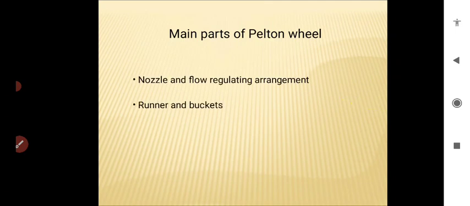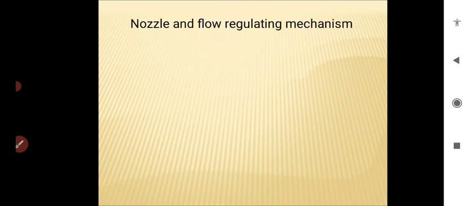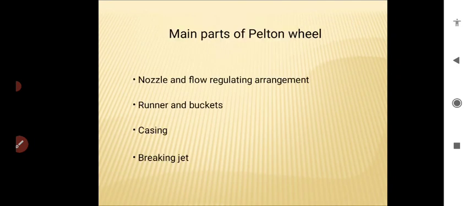The main parts of the Pelton wheel are: nozzle and flow regulating arrangements, runner and buckets, casing, and braking jet. These are the main parts of the Pelton wheel.